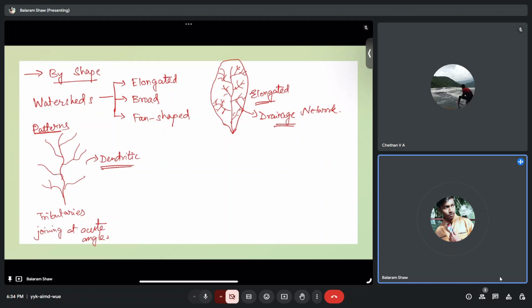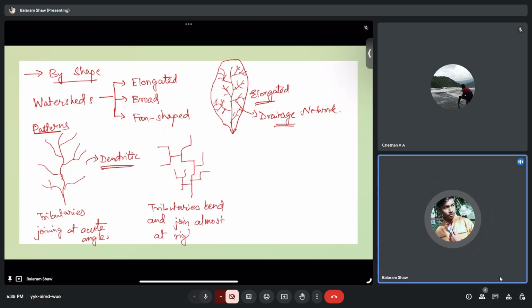Then comes the rectangular kind of pattern. It would look something like this. Here, all the tributaries bend and join almost at right angles.